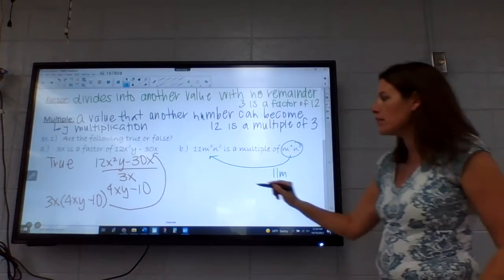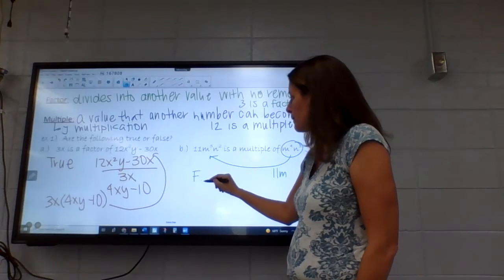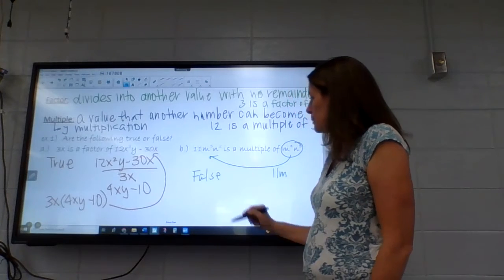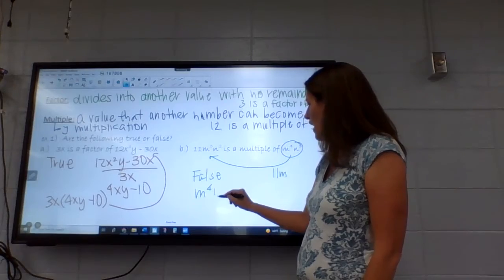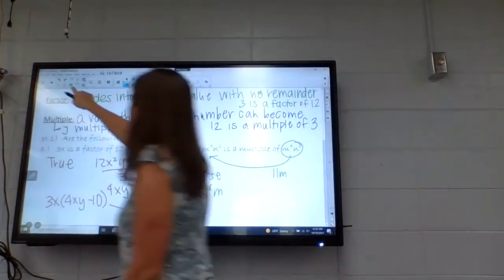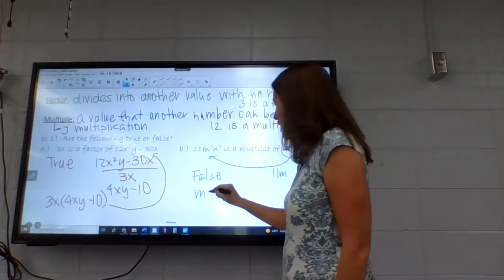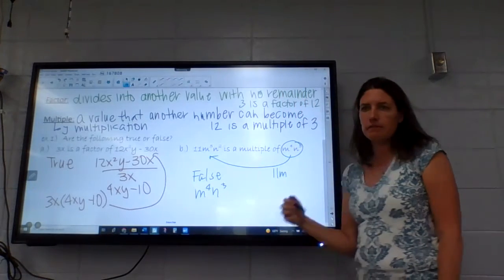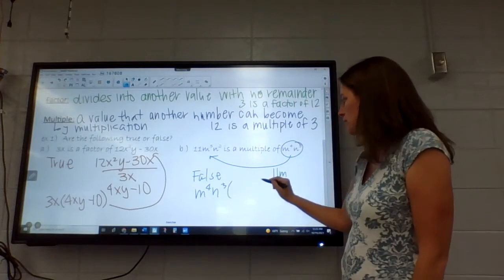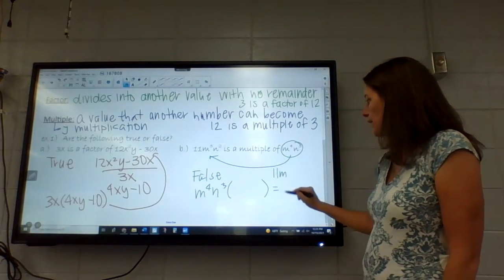So this would be false. Because there's no number like m to the 4th, n to the 3rd that I can multiply that by, other than using non-integers that would equal this.